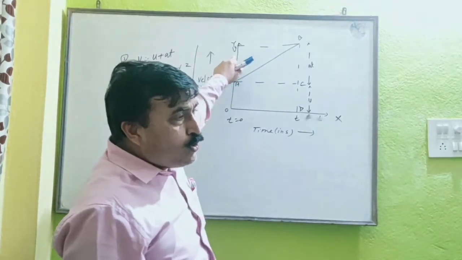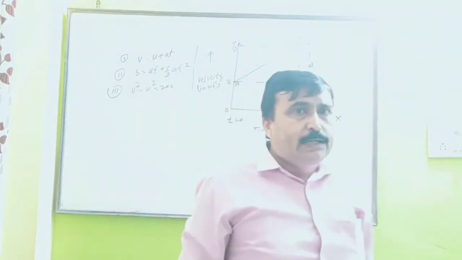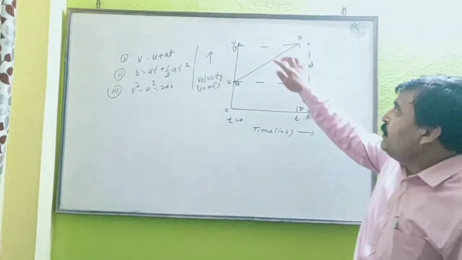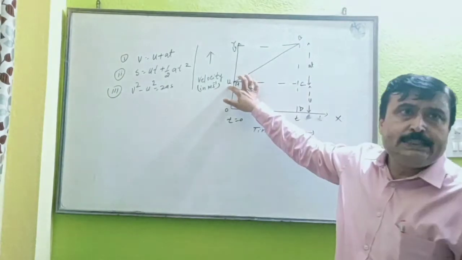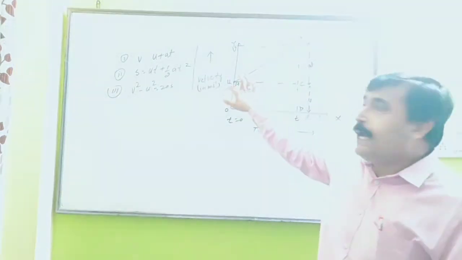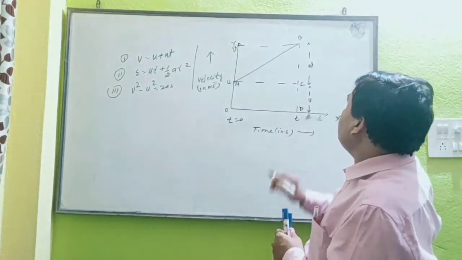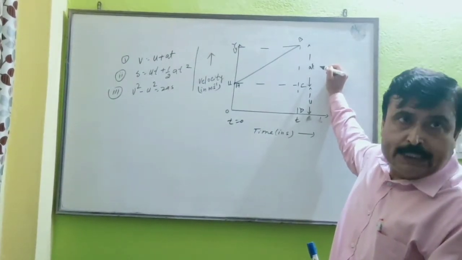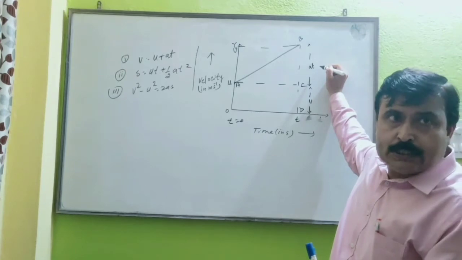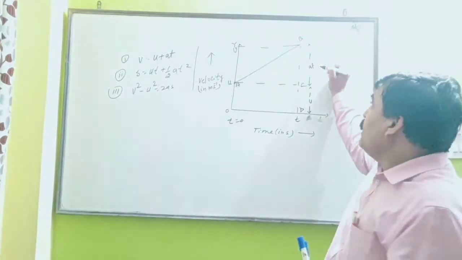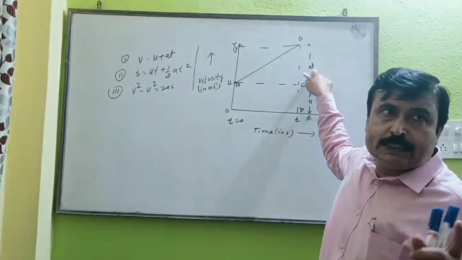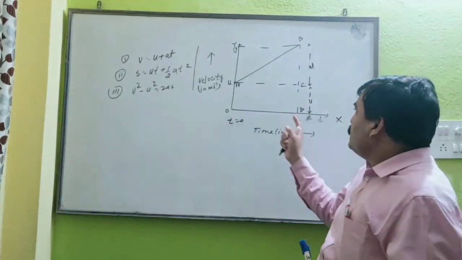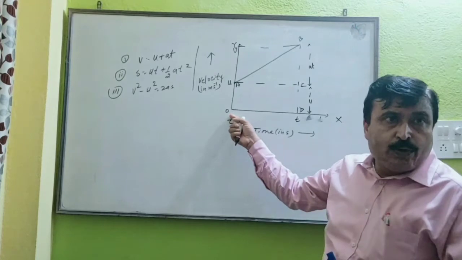So the change in velocity is calculated by final velocity minus initial velocity, and this change in velocity is equal to a into t, that is at, in the time interval t minus 0.